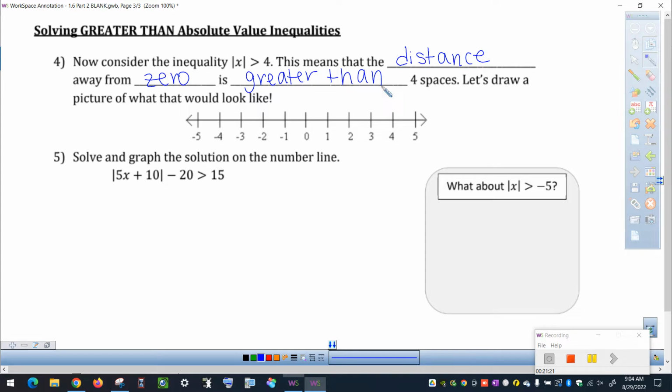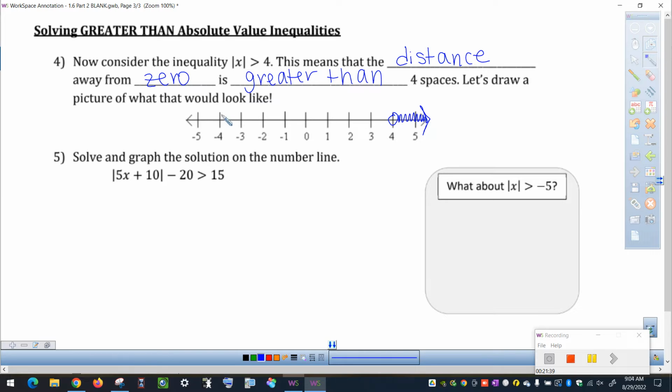So now if it's greater than 4 spaces away, we have a very different looking picture. One possibility is that it could be shaded to the right of positive 4, and I'm going to extend that arrow there with the shading, going up to positive infinity, all those numbers shaded to the right. That could make the statement true. It's more than 4 spaces away.